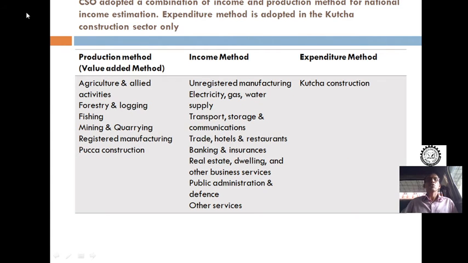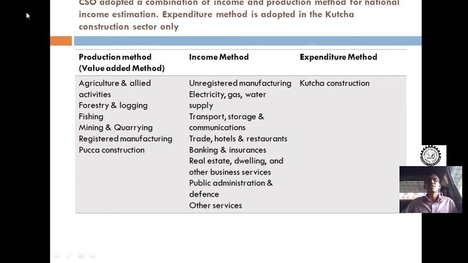Now, CSO adopted a combination of income method and production method for national income estimation. The expenditure method is used only in kacha construction. The production method, that is, the value added method, is employed in agriculture and allied activities, forestry and logging, fishing, mining and quarrying, registered manufacturing, and pakka construction.